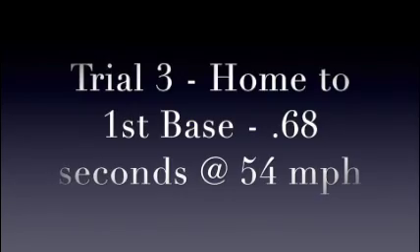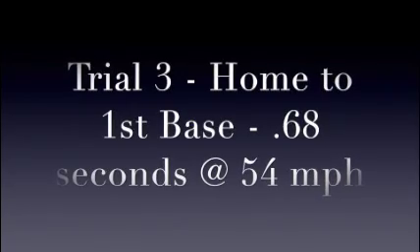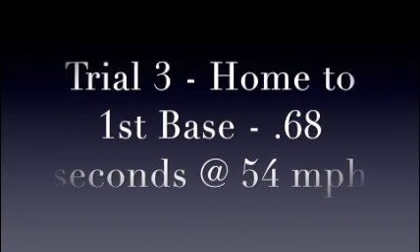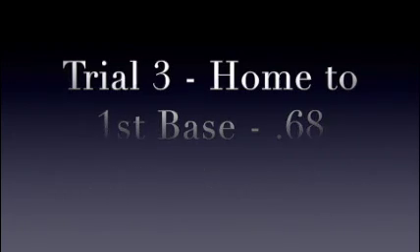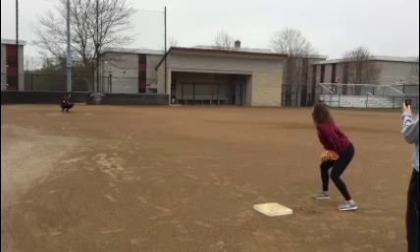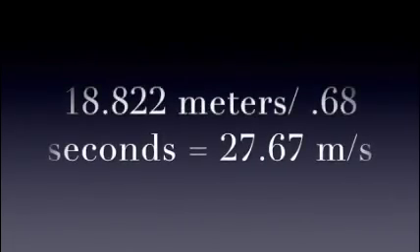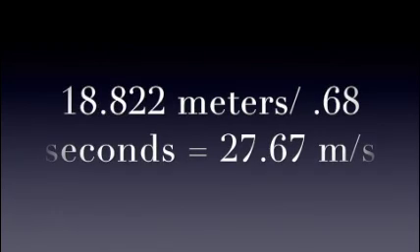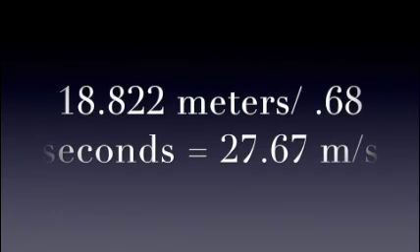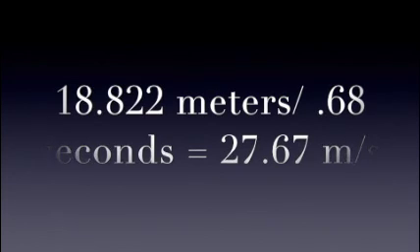Third trial, the softball was thrown from home to first base with a time of 0.68 seconds at 54 miles per hour. 18.822 meters divided by 0.68 seconds equals 27.67 meters per second.